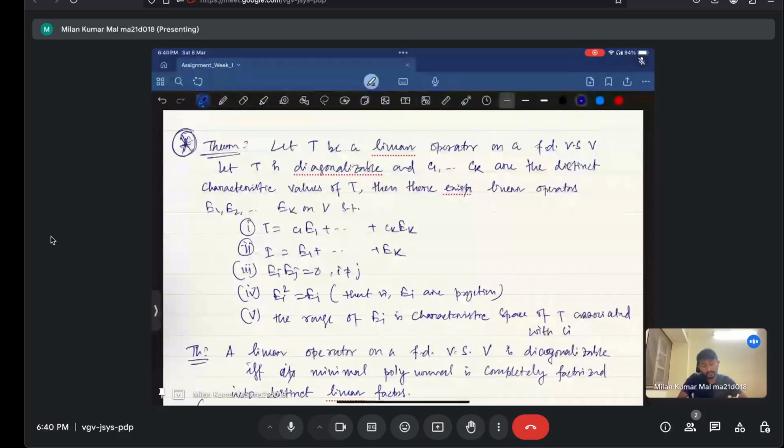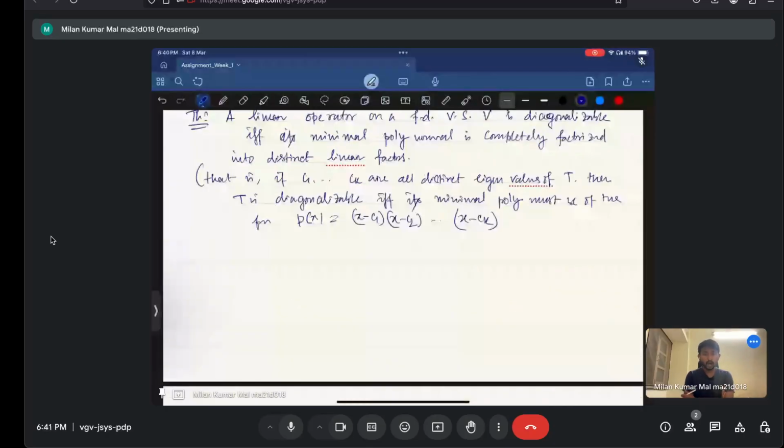So now the question is how this Ei, we know that these Ei are orthogonal projections, but they are also linear operators related to the linear operator T. So the question is how this linear operator Ei is defined in terms of T.